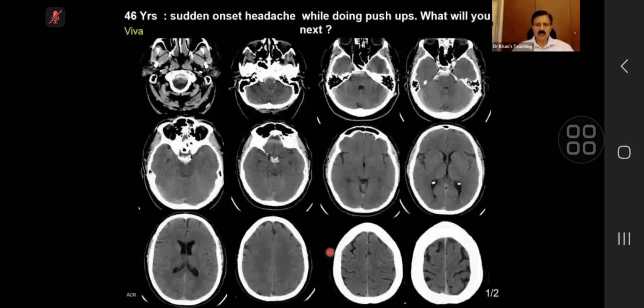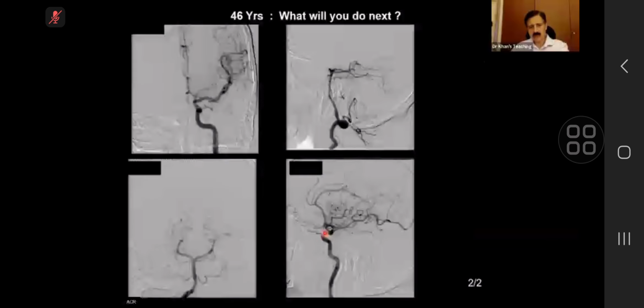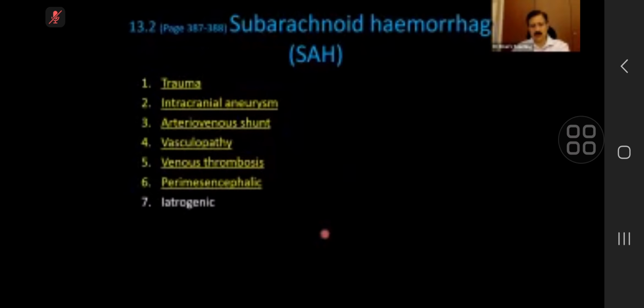If the CTA is negative, do a DSA. If the DSA is negative, repeat the DSA in 7 to 10 days. And if it is still negative, then in this particular case you have got your diagnosis, which is benign subarachnoid hemorrhage. There are a few theories, and most people think that this is venous hemorrhage. So this was the same case in which the DSA, etc., was normal.